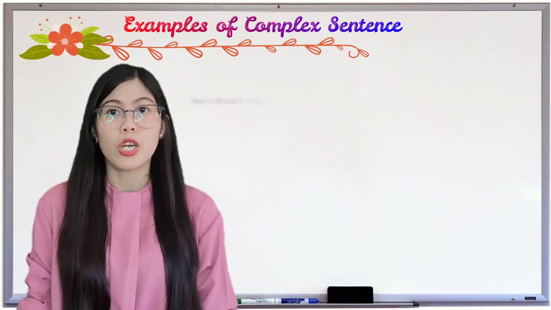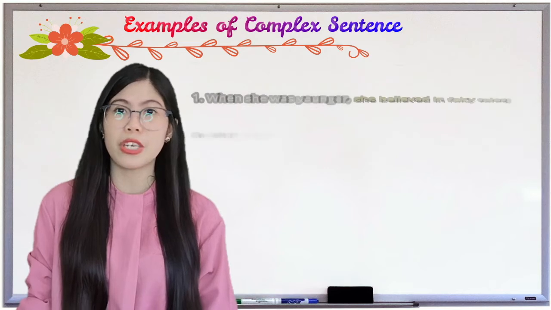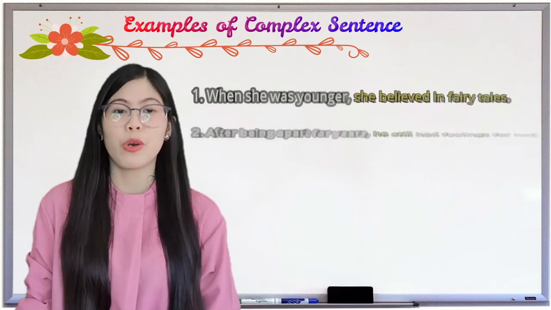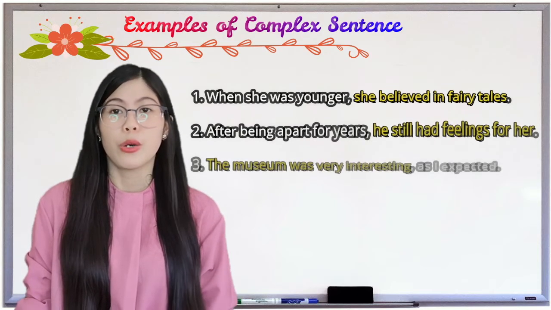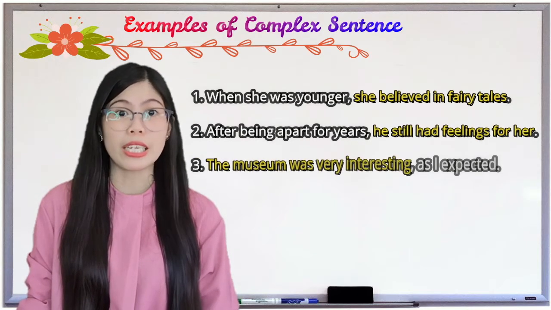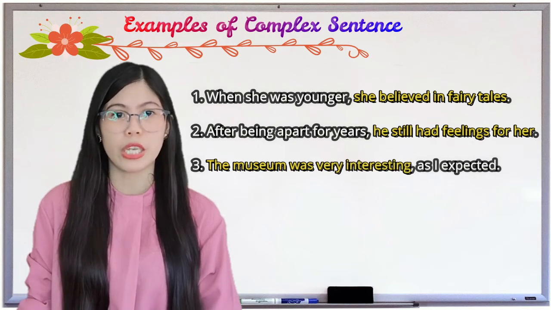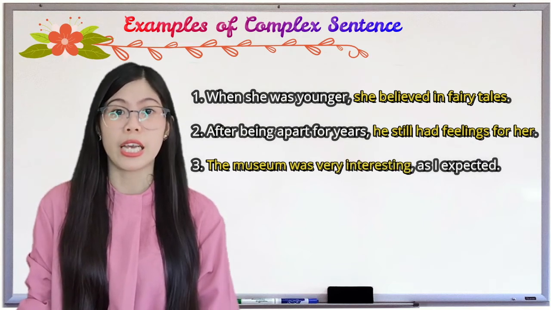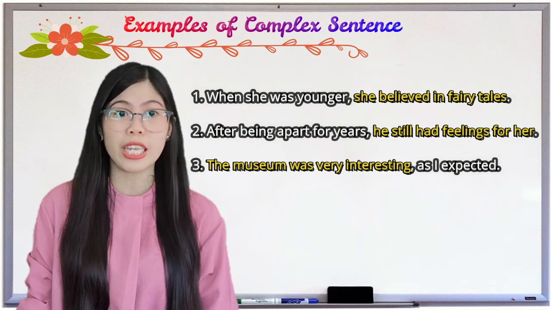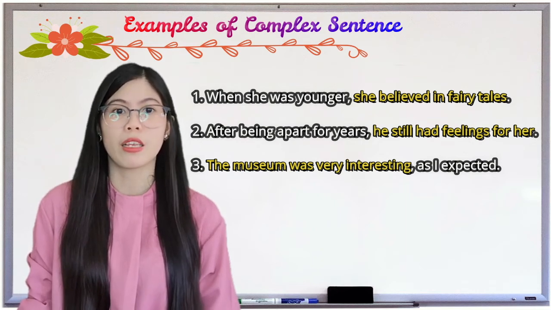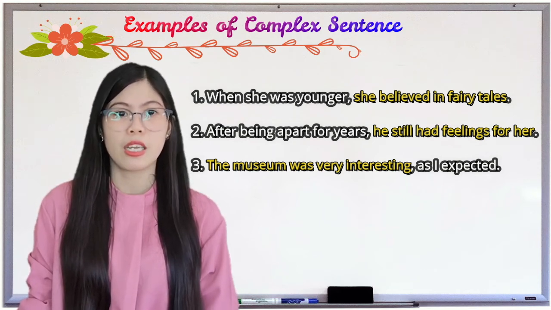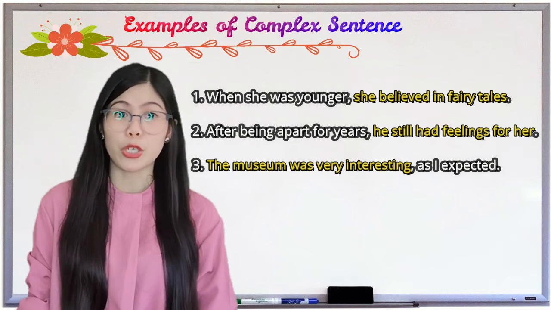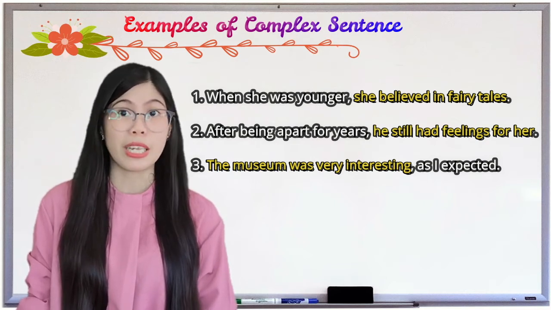Another example: When she was younger, she believed in fairy tales. Now, what makes it a complex sentence? Because we have one dependent clause, which is when she was younger, introduced by the subordinating conjunction when. And we also have one independent clause, which is she believed in fairy tales. How about in example number 2? What makes it a complex sentence?